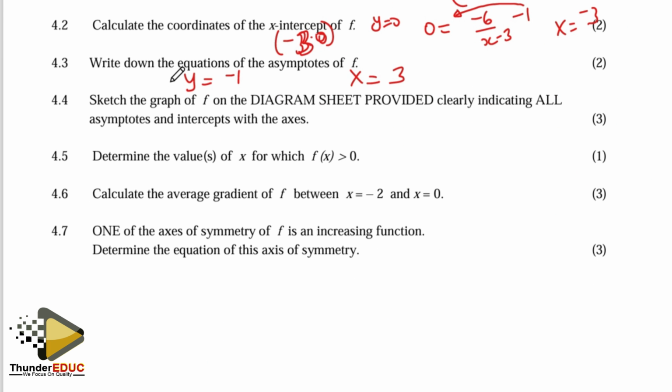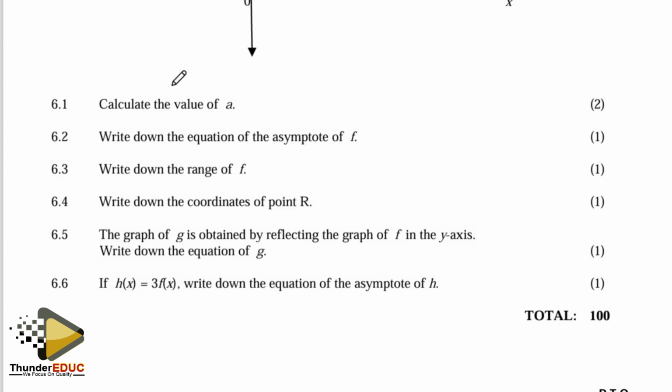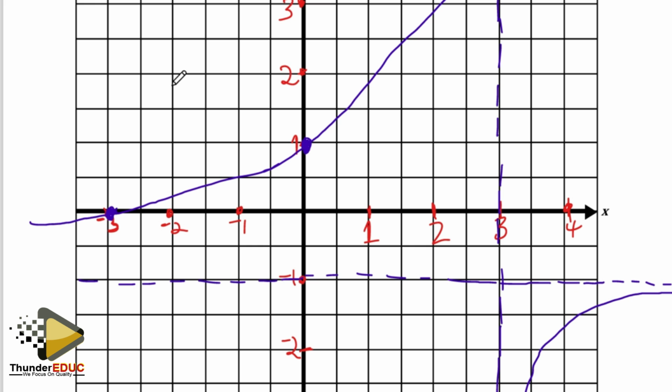Then they want us to determine the value or values of x for which f of x is greater than 0. So where do we find the graph to be above the x-axis? So we can see that from this point where x is negative 3, the graph starts to go above the axis. Okay, but now after this asymptote, the graph is below again.